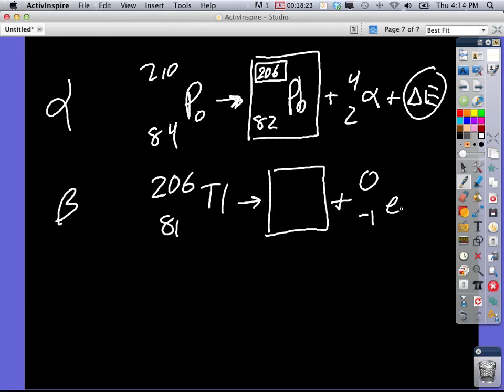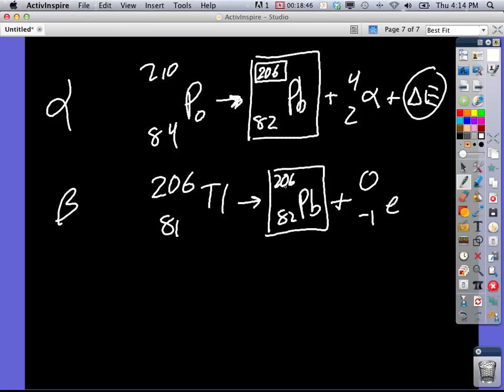Let's see if we can figure that one out. Oh, the element is once again plumbum. Well, that's not good because I told you the answer then. All right. It's 206, 82. Good. Do you see how that worked?